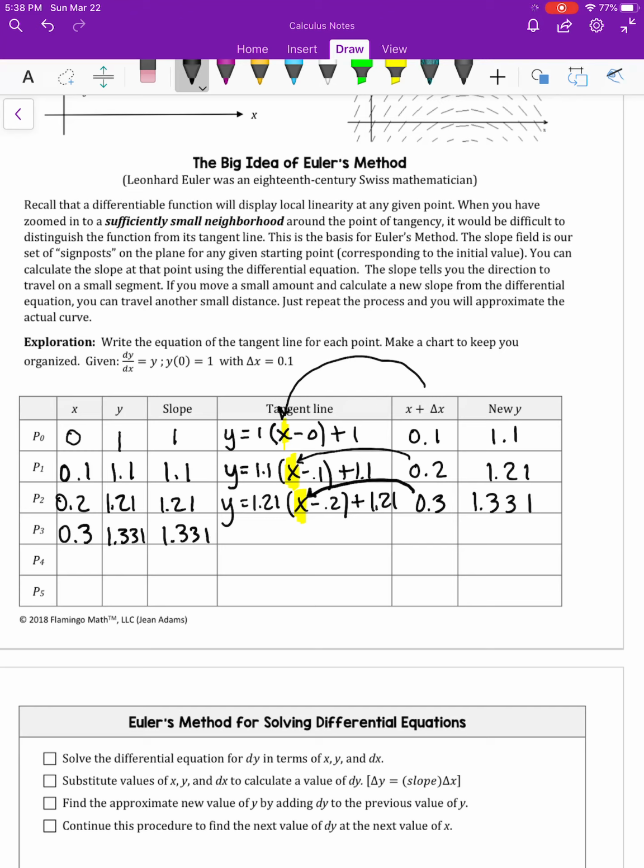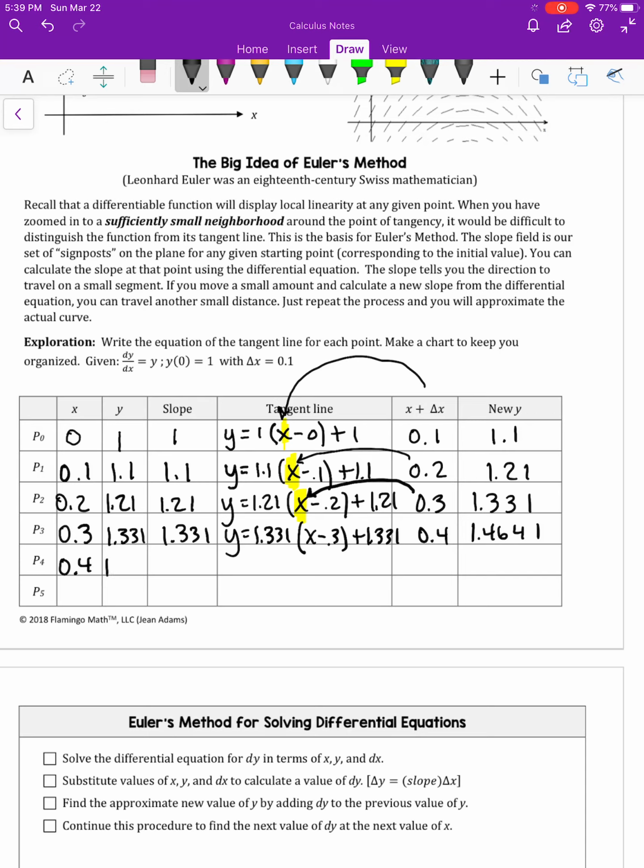But I do encourage you to pause this video and try to finish this one on your own, so that you can get the feel for what you're doing, and it makes you think about what am I writing? What am I calculating? Because I'm going through this pretty quickly, and I don't want you to go through this and not really understand what you're doing.